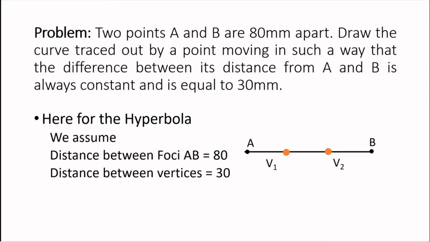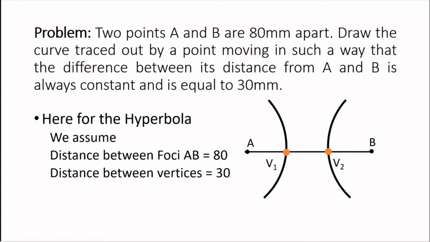Through points V1 and V2 the two branches of the hyperbola pass, and I will be constructing the hyperbolic curve passing through the vertices, that is the point of intersection with the axis line.